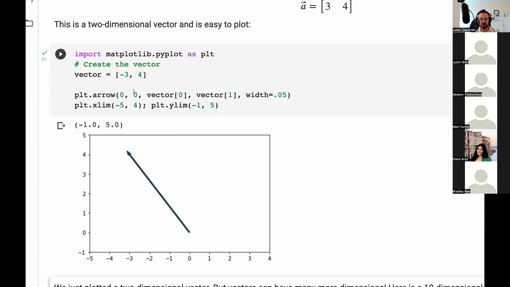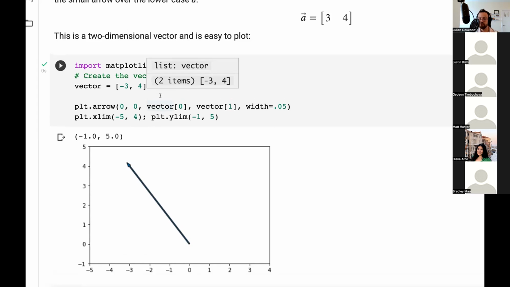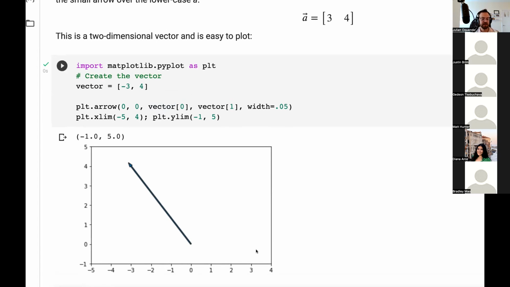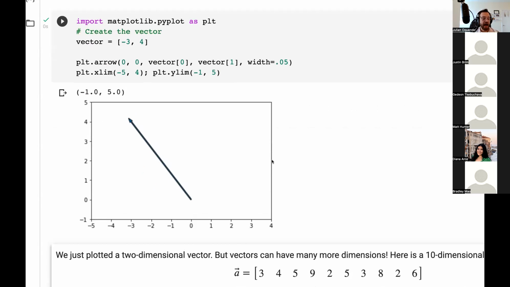And you can now see your arrow, because we're looking at a -3, it's now pointing in the opposite direction. Fairly straightforward, right? This is very easy to represent and visualize because this is a 2-dimensional vector. We can measure both an x and a y value for this vector.